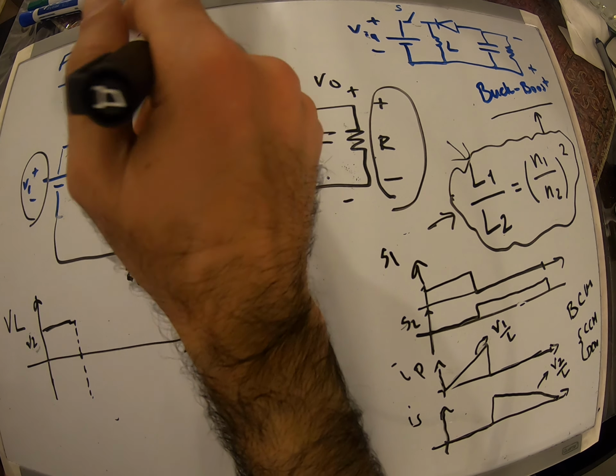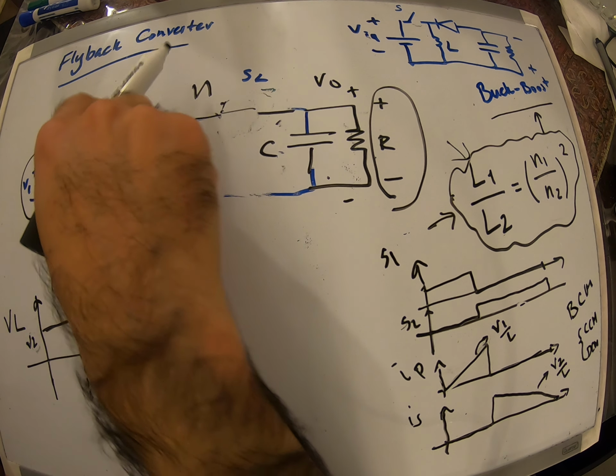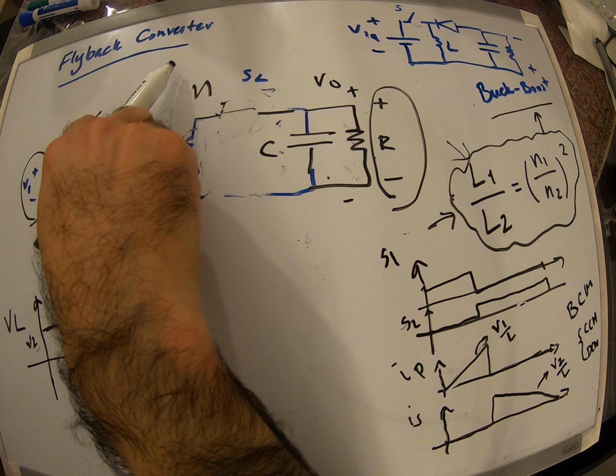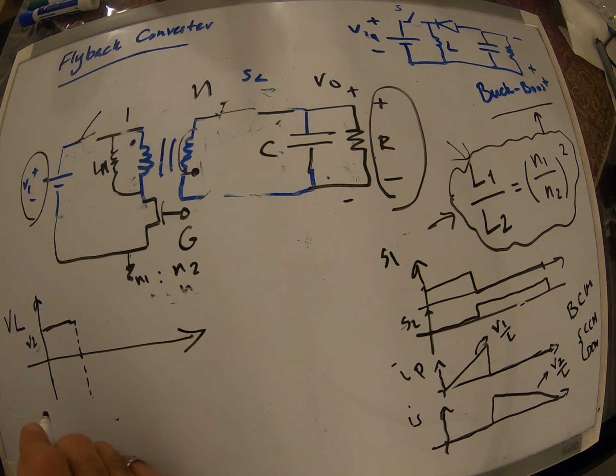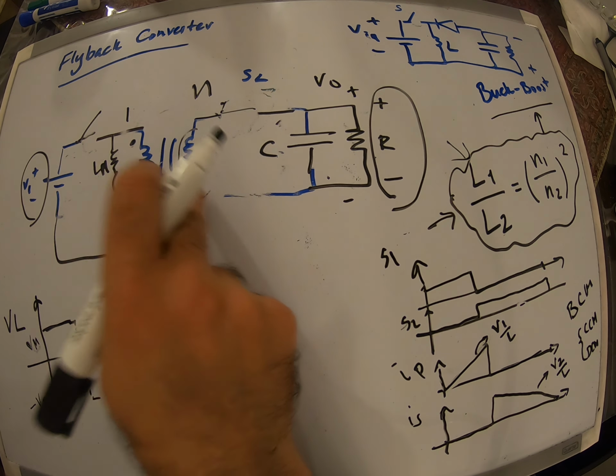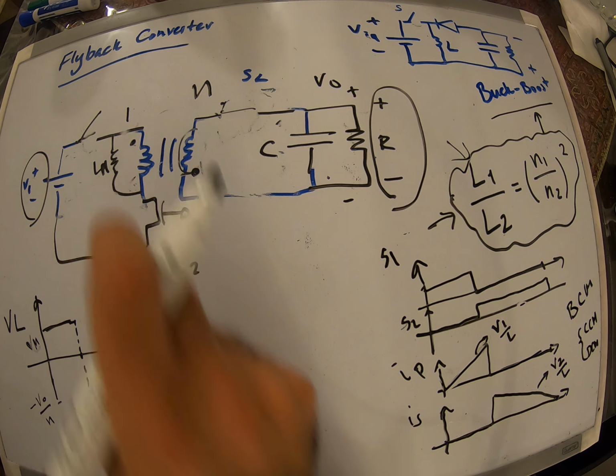And if the turns ratio is 1 over N, the voltage that gets transferred to this side is going to be VO over N. It's going to be actually negative VO over N. So this was Vin, sorry. And this is going to be negative VO over N. The reason for negative is because of this change of the polarity here.